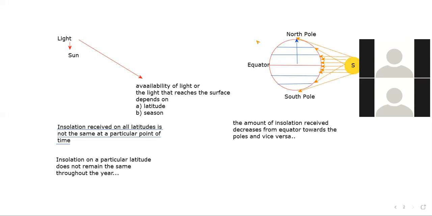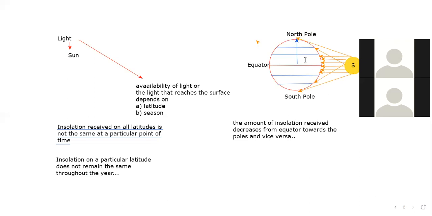As far as this point is concerned, we know that the rays of the sun at the equator, or around the equator, between the two tropics, Tropic of Cancer and Tropic of Capricorn, fall almost vertically, and when we move beyond the tropics, the rays of the sun become slanting.